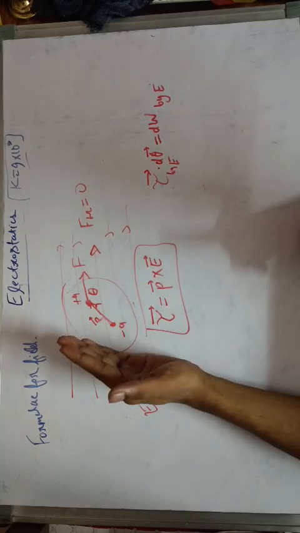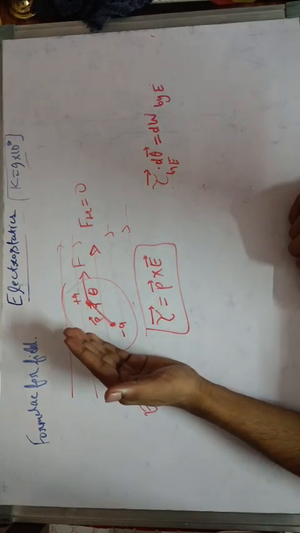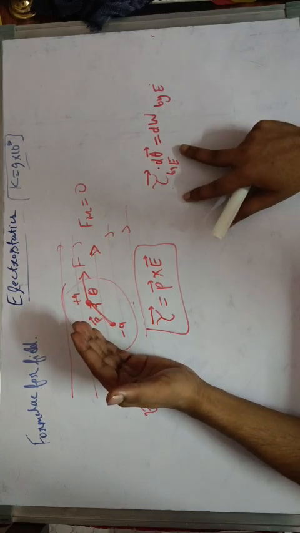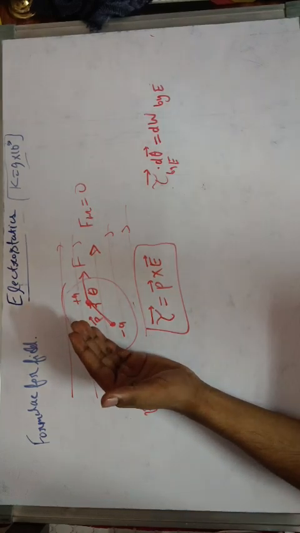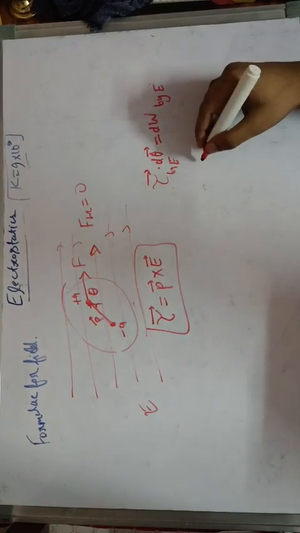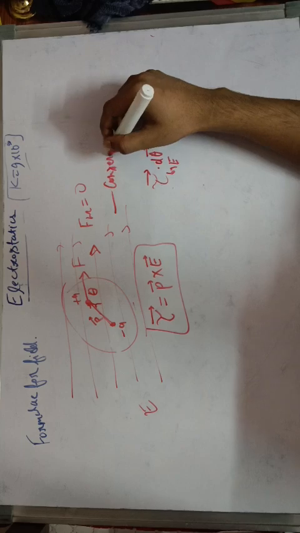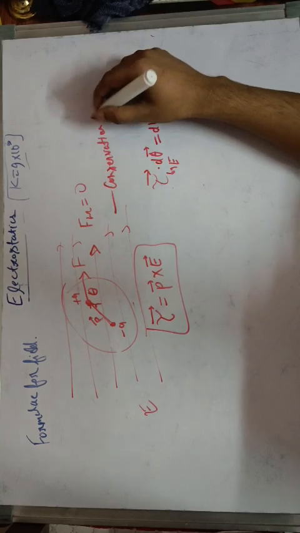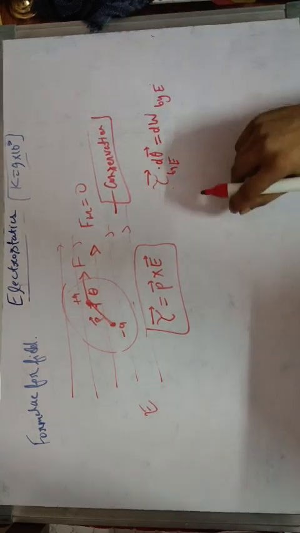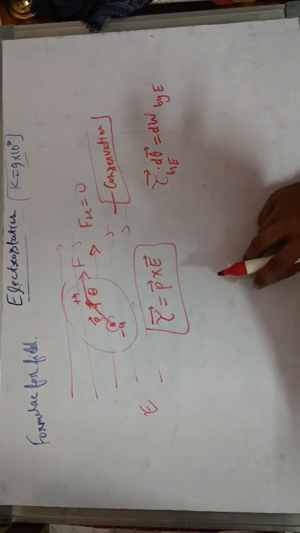Then when it rotates by d theta angle, the torque and d theta are positive. They have a positive dot product and the work done by the electric field is positive. And since this is a conservative force system, since force acting on the charged particle is constant at all locations, then it is a conservative force system.